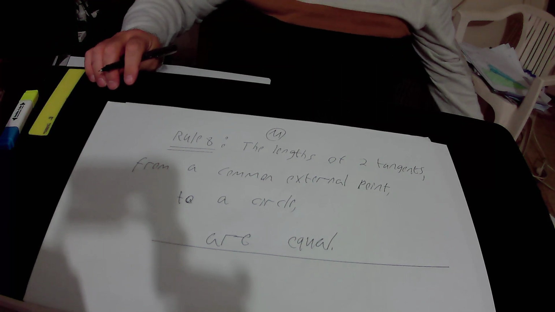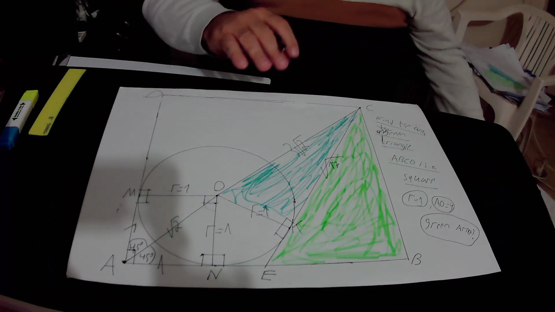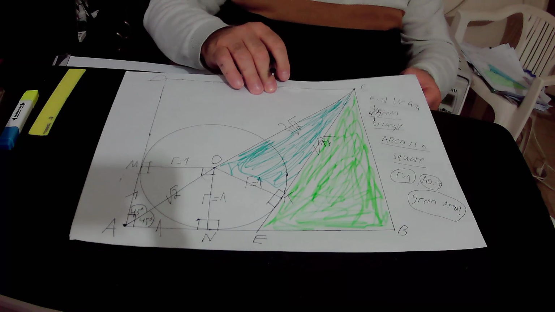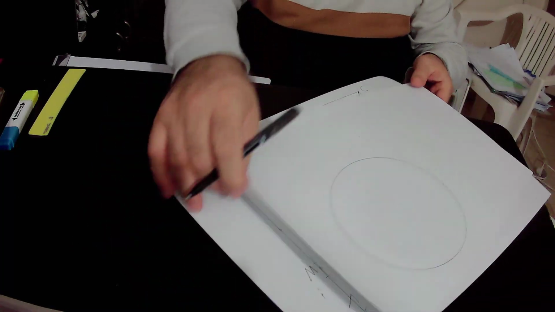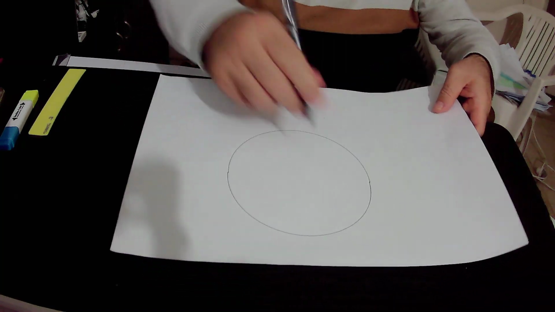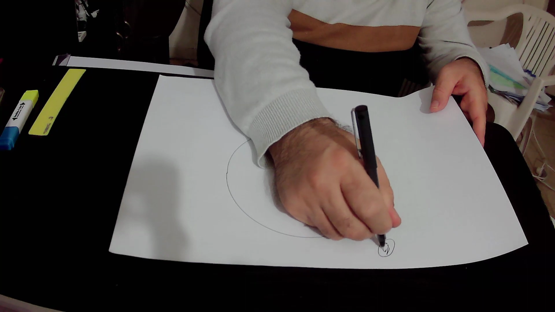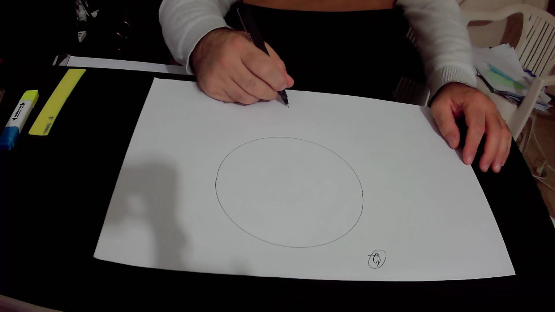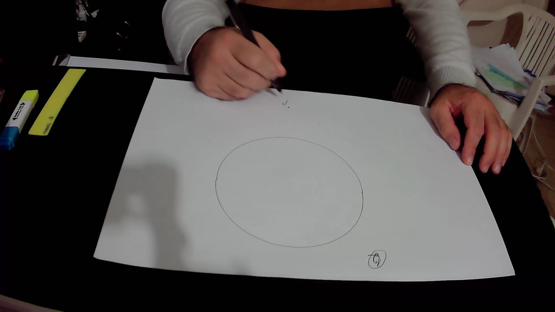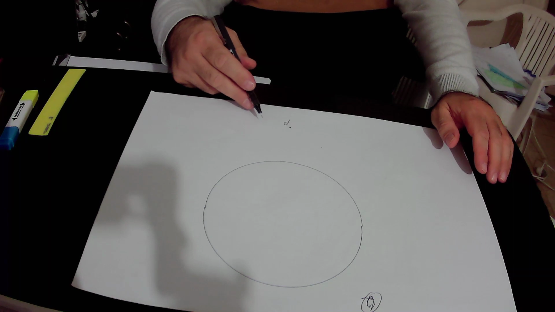So what is the meaning of rule number 8? The meaning of rule number 8 is that if you have a circle and we have also an external point of this circle, this point P is an external point of this circle. Why is point P an external point of this circle?